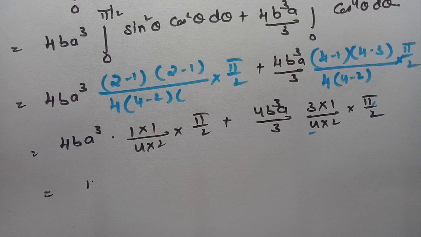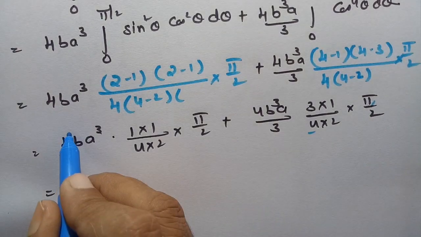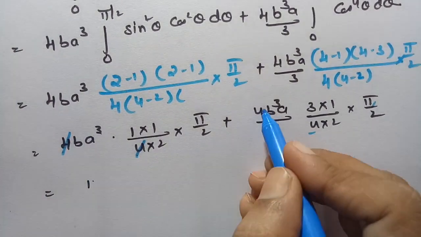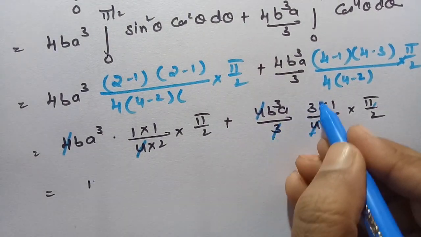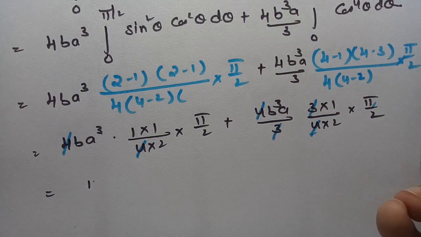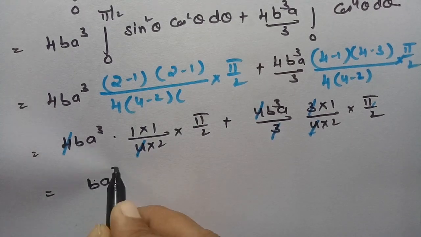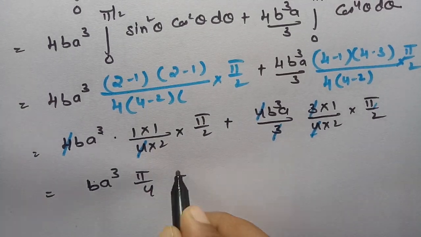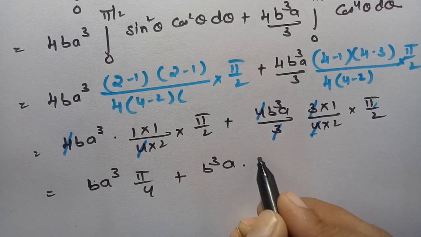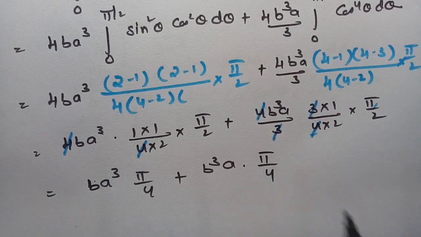So let me cancel this one. So this is 4 and this is 4, and here it is 4 and it is 4, and 3 got cancelled. And what remains here is b a cube into pi by 4 plus b cube a into pi by 4.